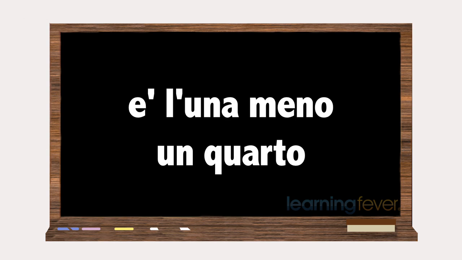Let's give another example. È l'una meno un quarto, which means it's 12:45. And it literally sounds like it is. Always remember, with 1 o'clock, midday, midnight, you use the singular form of the verb to be. 1 minus a quarter.